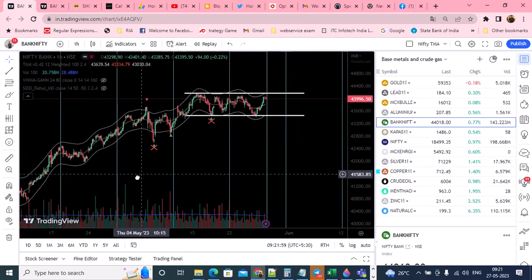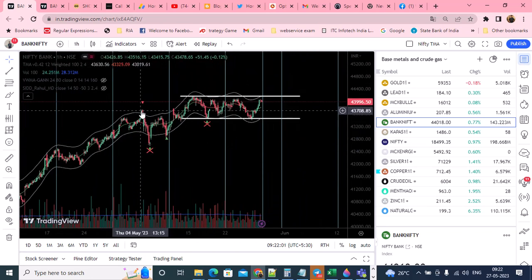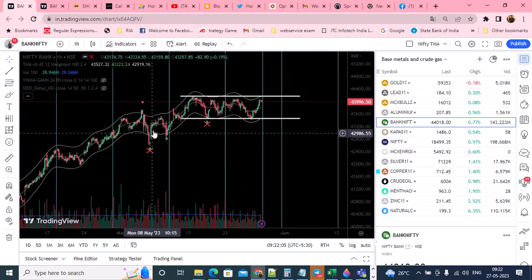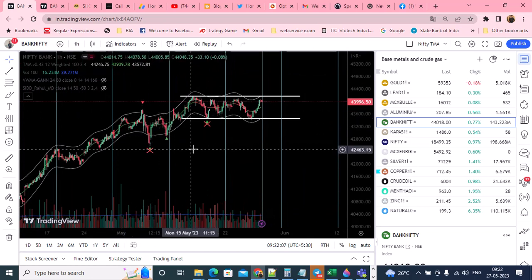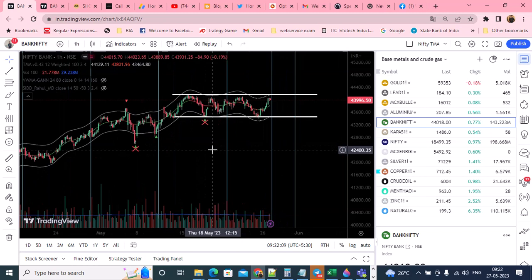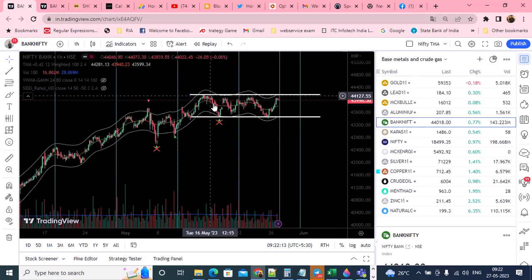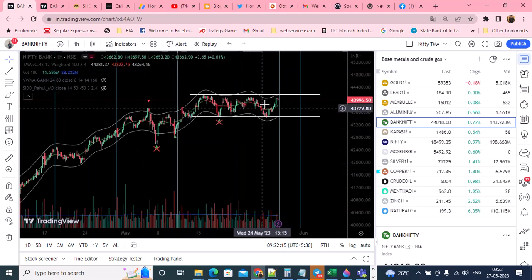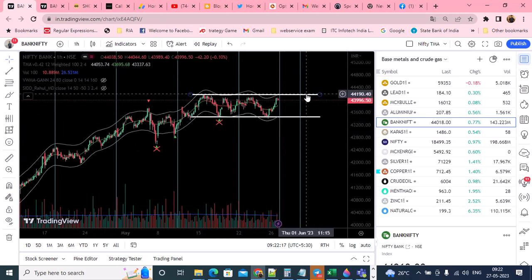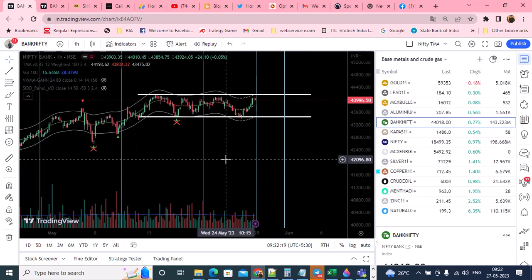Okay, you see that here it went up, touched the tunnel, came down, touched the tunnel, it went up. And if you look, slowly we are identifying that this tunnel is traveling in a sideways direction. So there is no specific direction in the market right now.